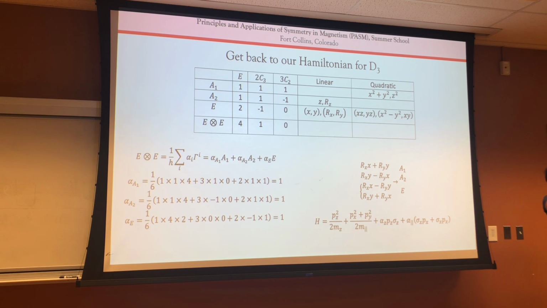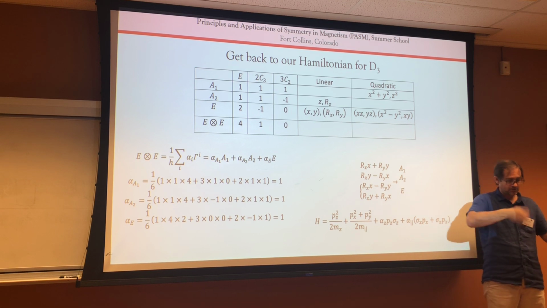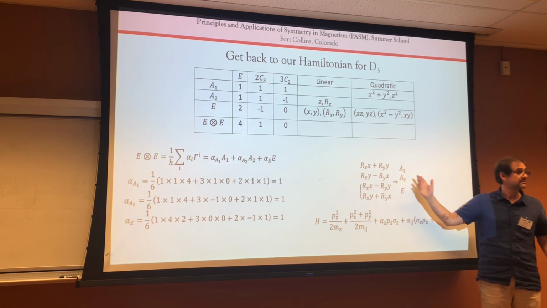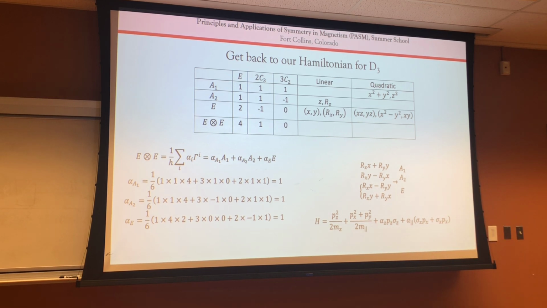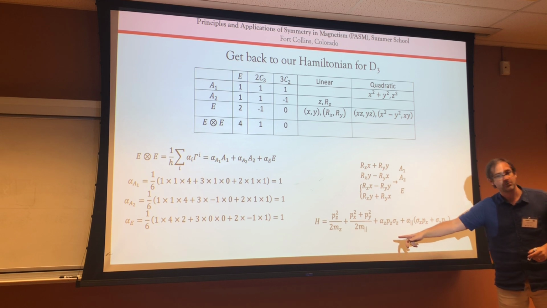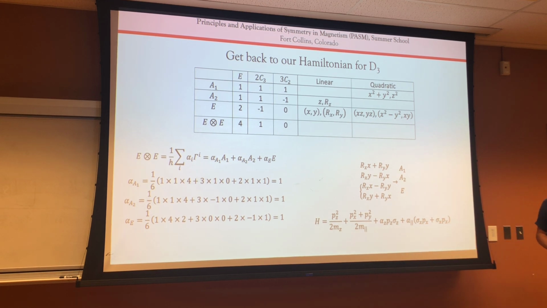Because when you do this rotation, you basically exchange x and y. So that would be one argument. The other argument, which for me is I think the easiest, is to say I know that my decomposition is A1, A2, E. I know A1, I know E, so this must be A2. You have to put it somewhere. So then you end up with this Hamiltonian, which is typically an anisotropic wave curve. Okay.